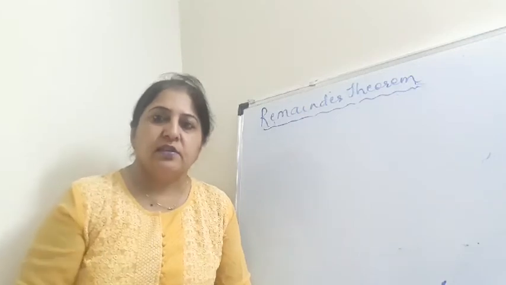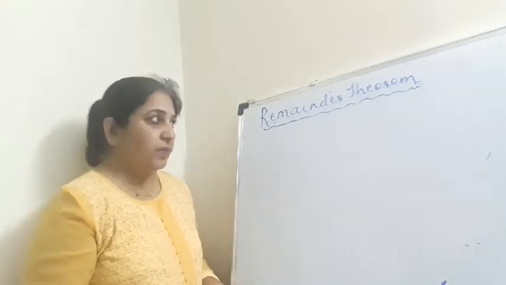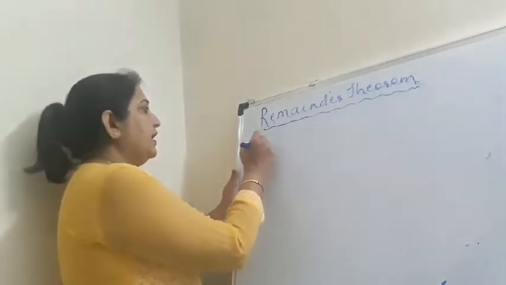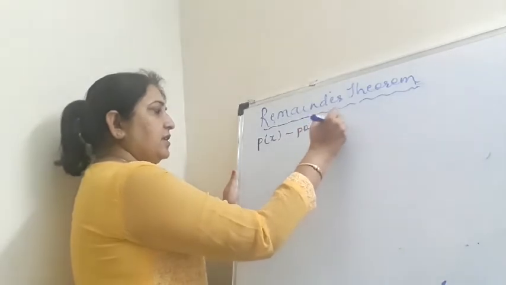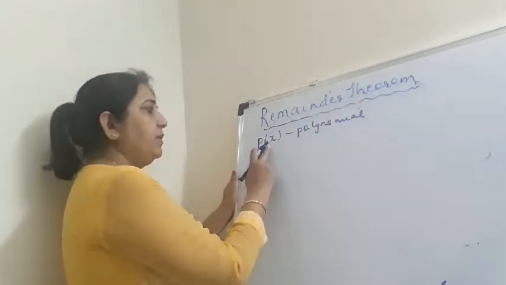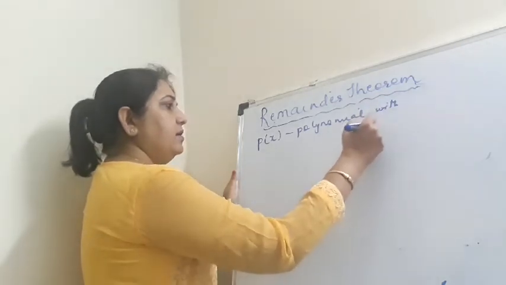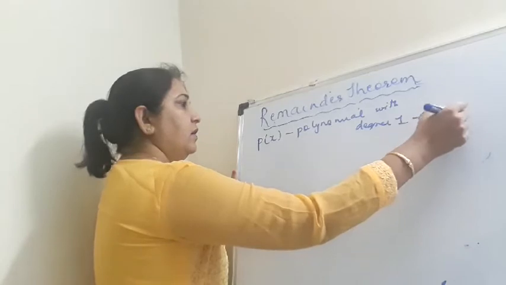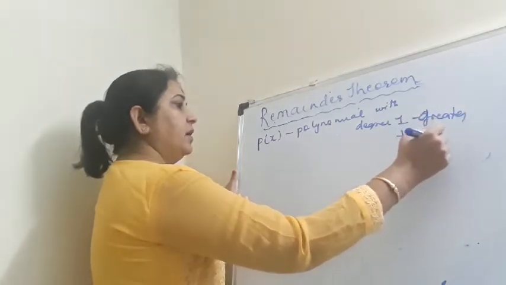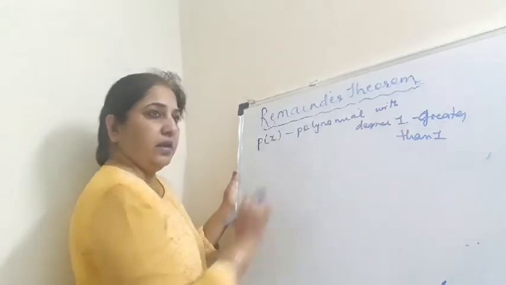Okay, so first let us see what the remainder theorem is and how we write it in general form. Let us take that P(x) is any polynomial. We are studying polynomials, so we take P(x) as a polynomial with degree 1, or greater than 1.